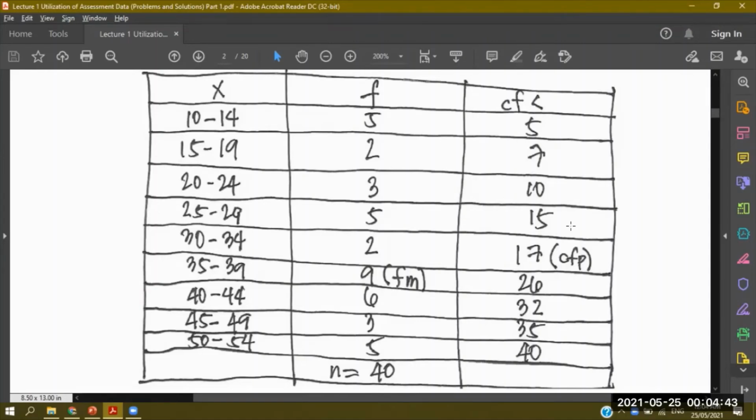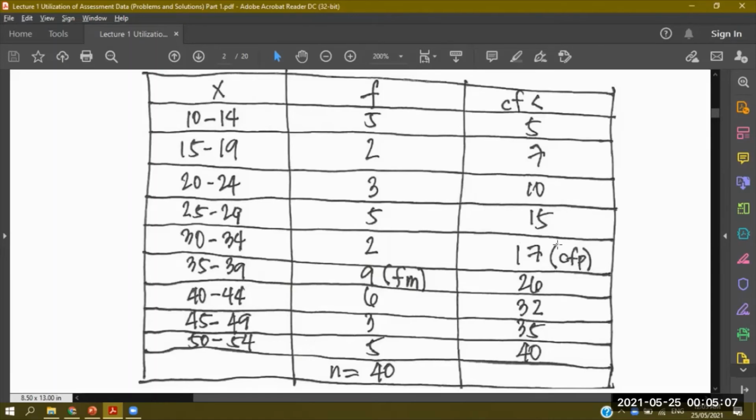Ang sinabi niya, CFP daw is the cumulative frequency before the median class. So our median class is 20. Before 20, we have the value of 17. Sir, bakit po hindi pwede 26? Because 26 is after 20. Sir, how about 15? Ang layo because we have 17.